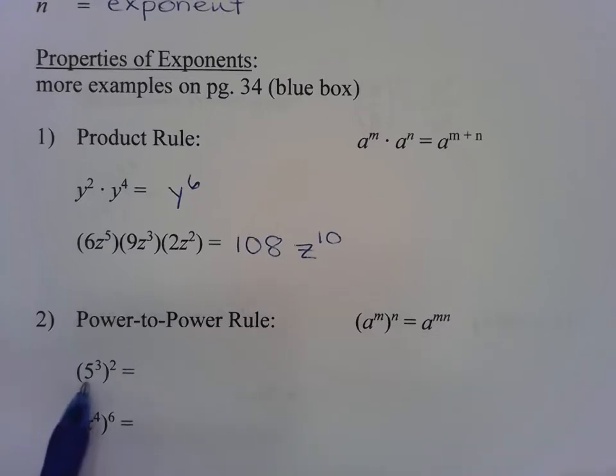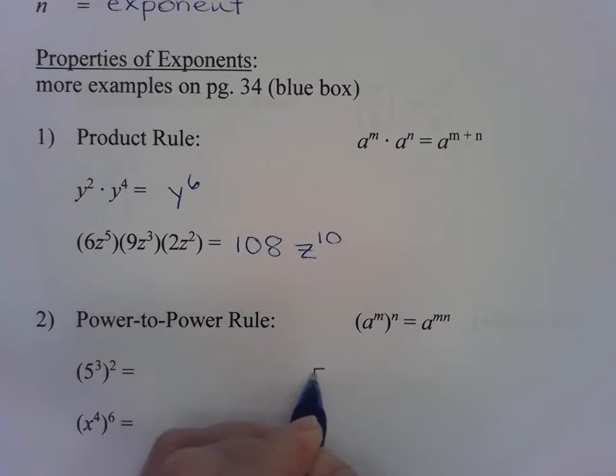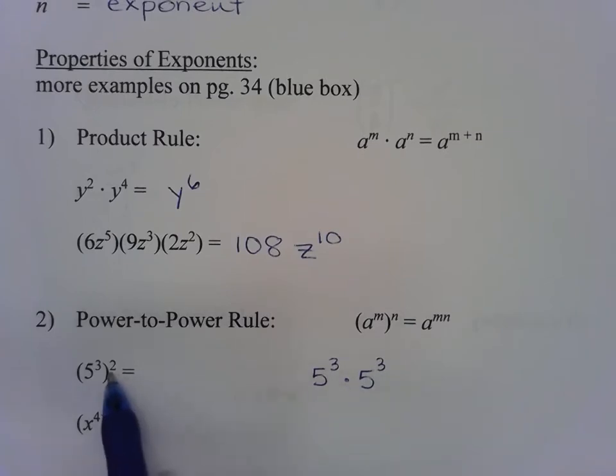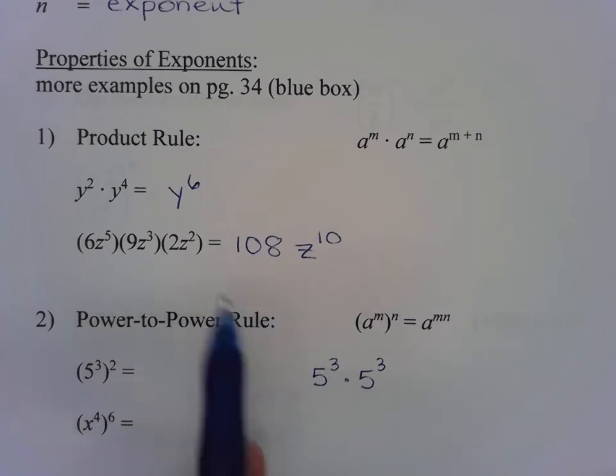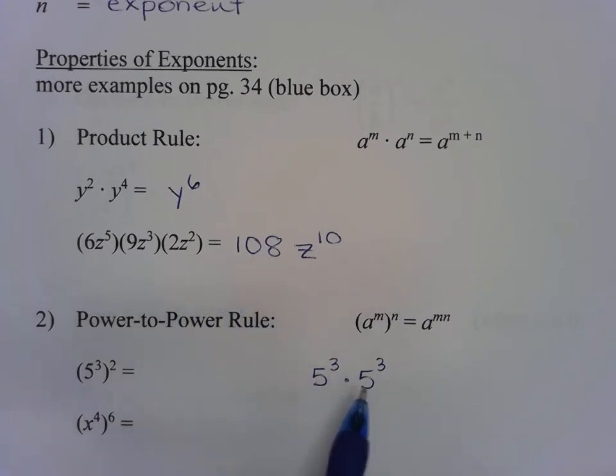So for example, 5 to the 3rd squared, right? I'll write it out over here just so you can kind of see. That would be the same as 5 to the 3rd times 5 to the 3rd. The 2, or the square here, just means I have 2 copies. So these two piggyback off each other, right? Now I would add them together, 3 plus 3. Or I could just do 3 times 2.